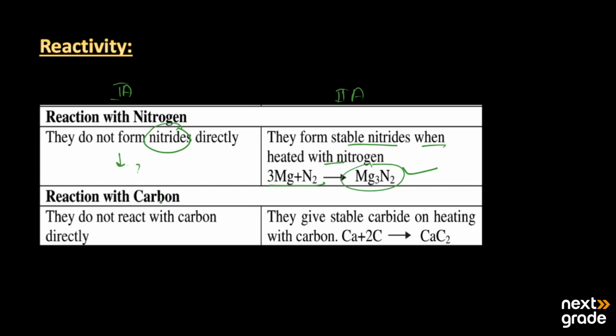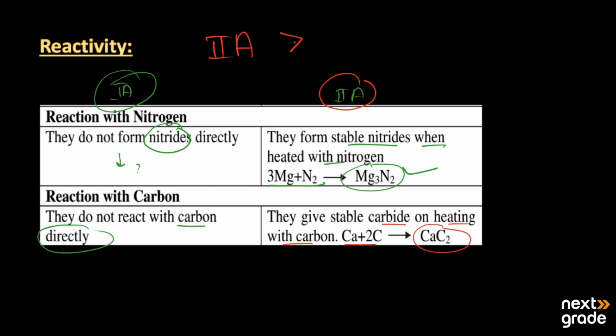Then we have the reaction with carbon. Group 1A elements do not react with carbon directly, but group 2 elements form stable carbide on heating with carbon, so calcium carbide. It means the reactivity of group 2A elements with carbon and nitrogen is more as compared to the group 1A elements. So this was all about today's lecture.